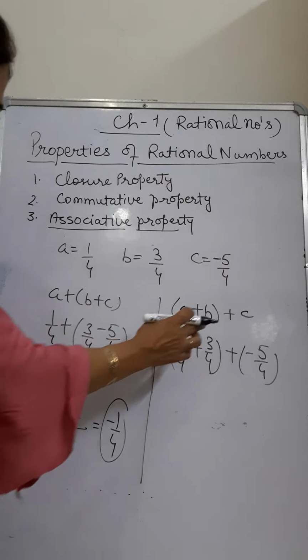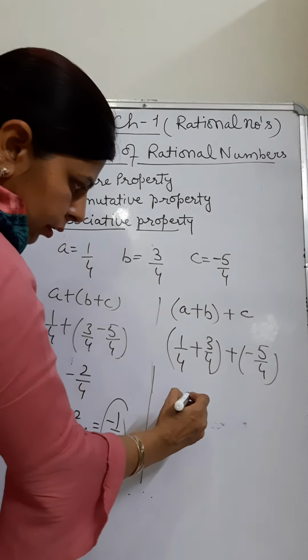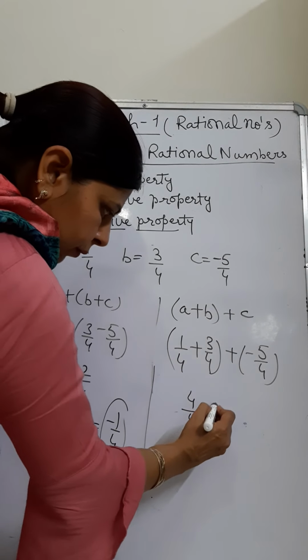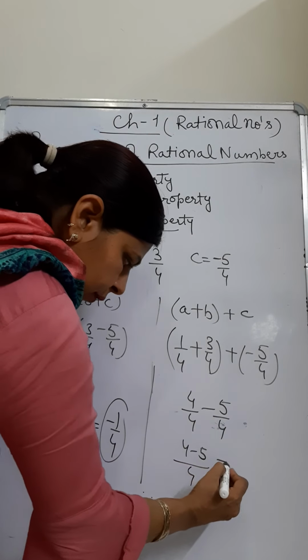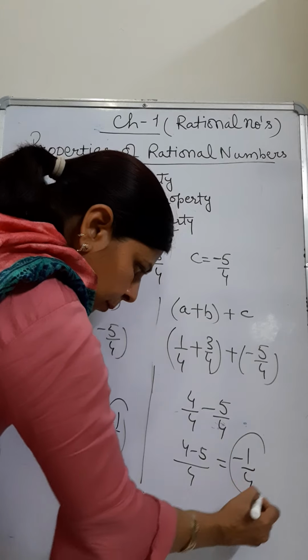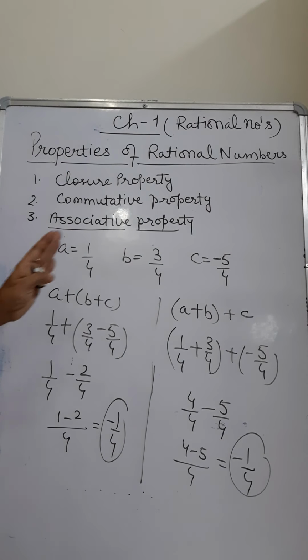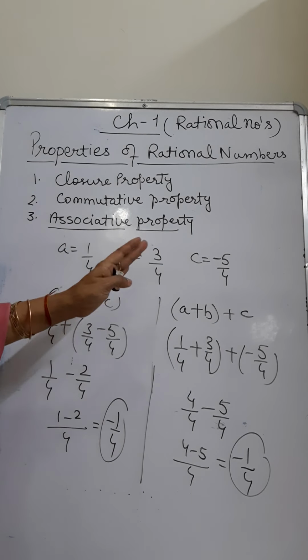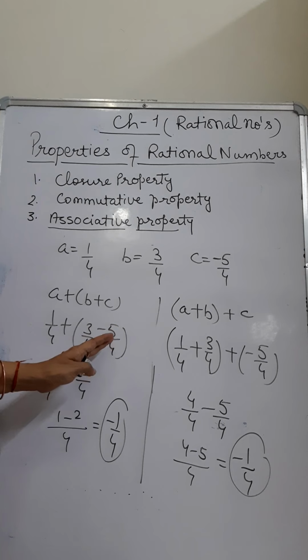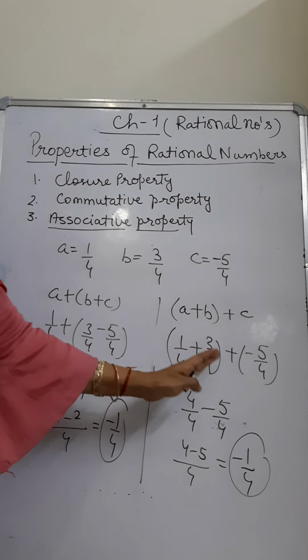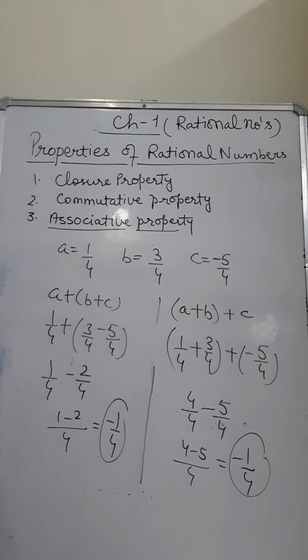If the arrangement is different, then also the result will be minus 1 by 4. It means we can arrange any three numbers in any order. So we can say addition is associative.